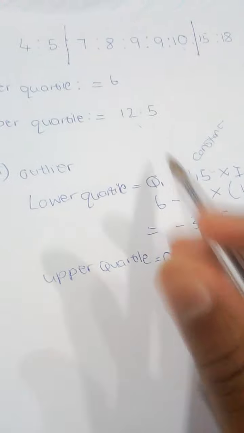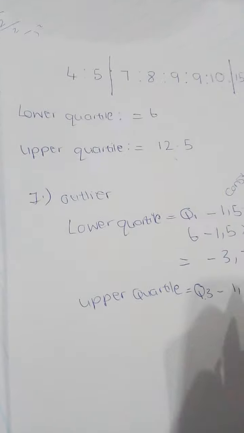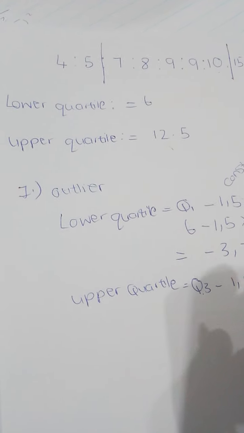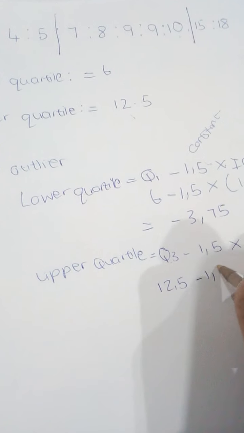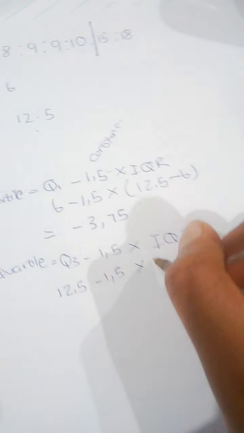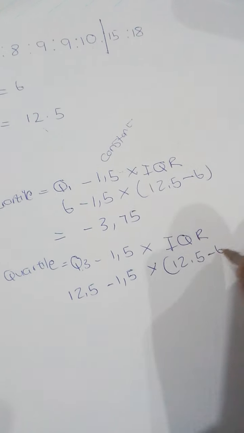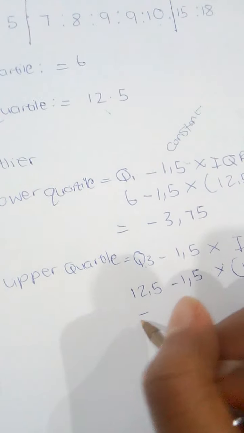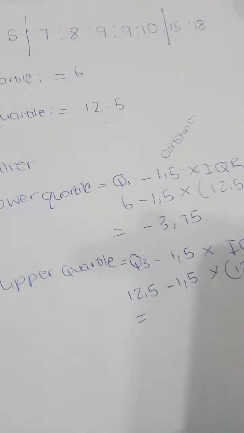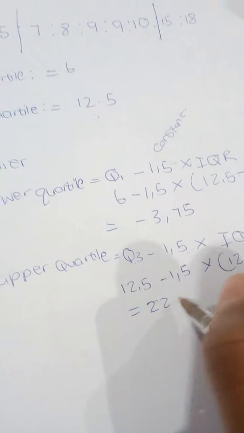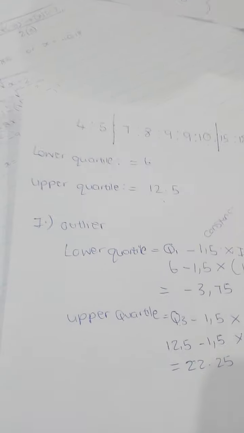Our Q3, we know it is 12,5, so we're going to substitute our 12,5 here. 12,5 minus the constant that we are given times the interquartile range, which is again 12,5 minus 6. And if we punch this in the calculator, we will get 22,25, right?